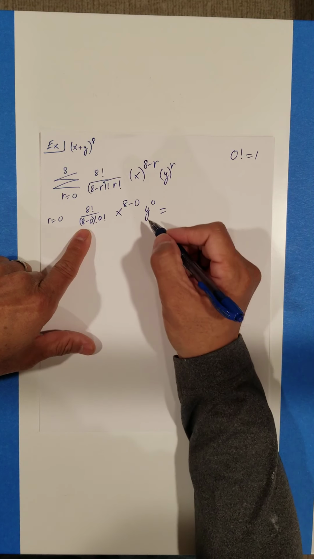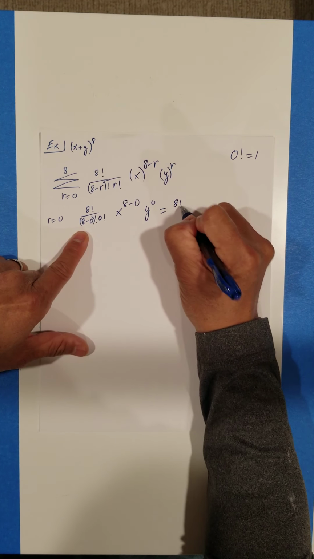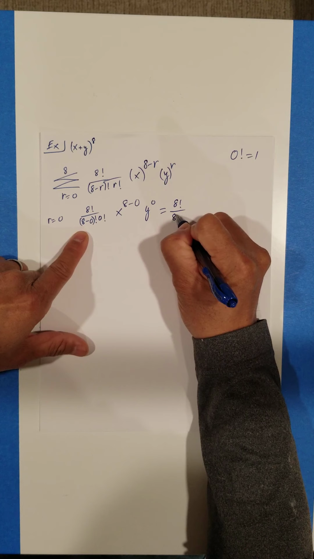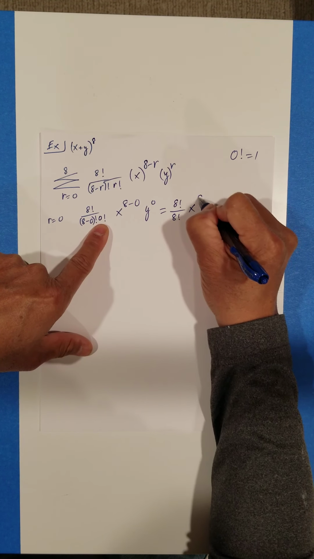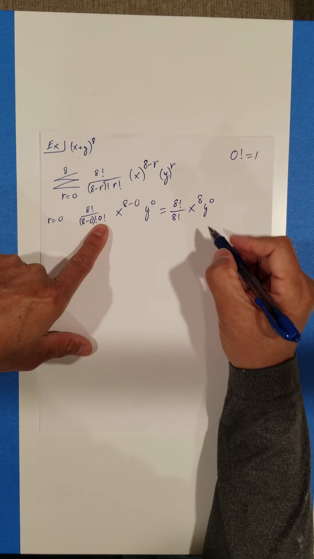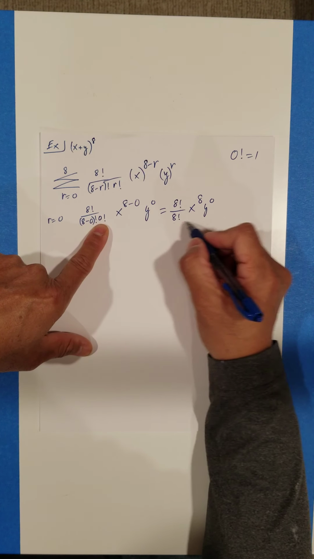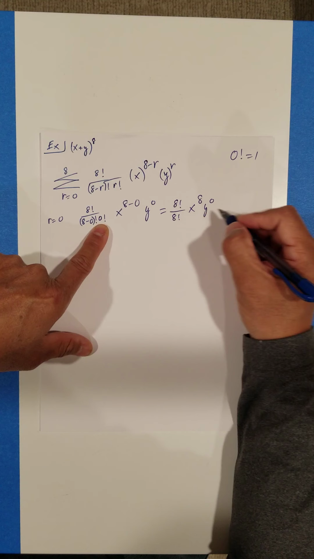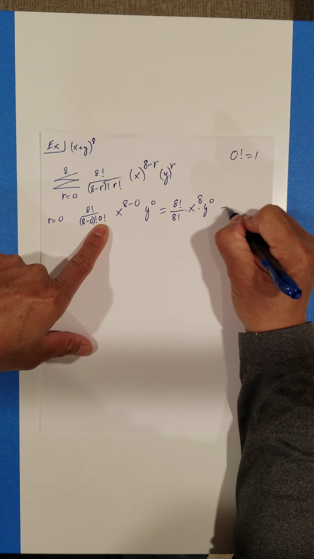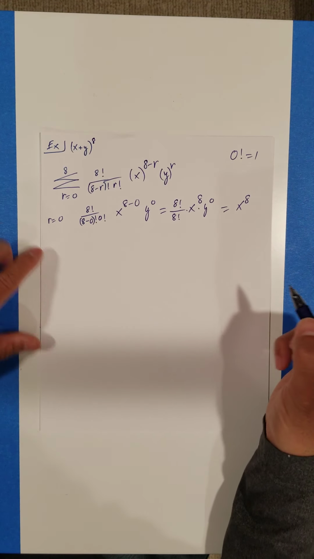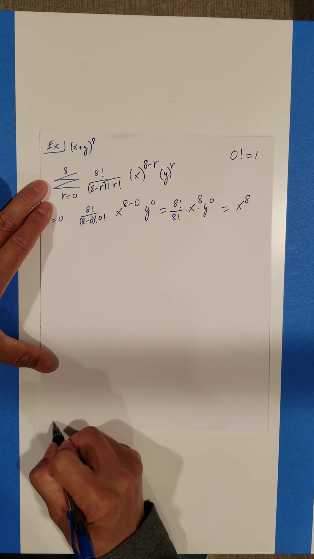Now you have 8 factorial over 8 factorial, and then this is 1. So x to the 8th, y to the 0. So what does this give you? This gives you 1 times x to the 8th times 1, so this is x to the 8th. So my first term is x to the 8th. I'll write that right here.